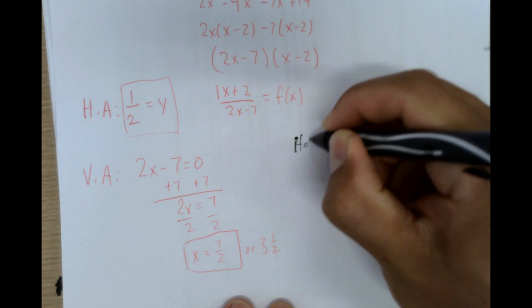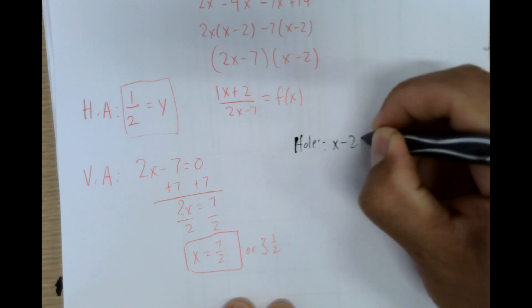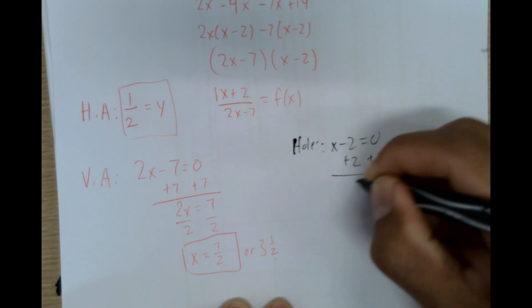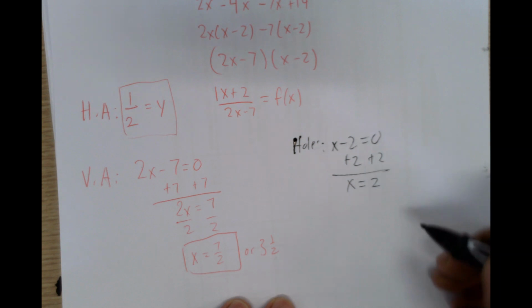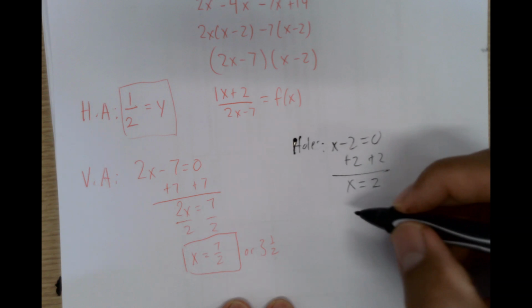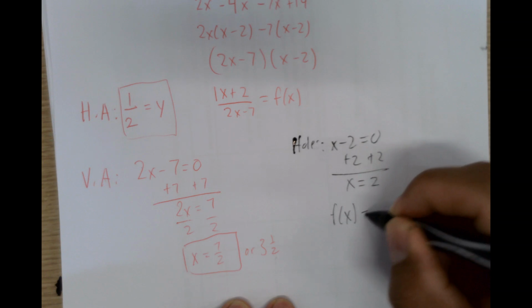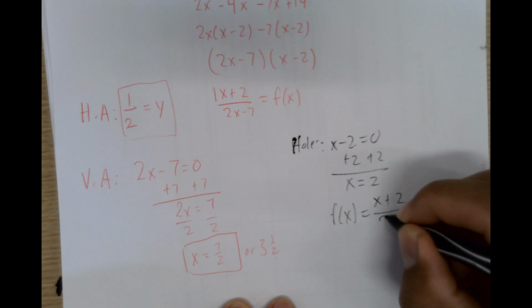X minus 2 equals 0. There is a hole there, so we solve, we add 2 to both sides, and we get x equals 2. And so what we're going to do is plug this number into our simplified equation, not the original. So our simplified equation is f of x is equal to x plus 2 divided by 2x minus 7.